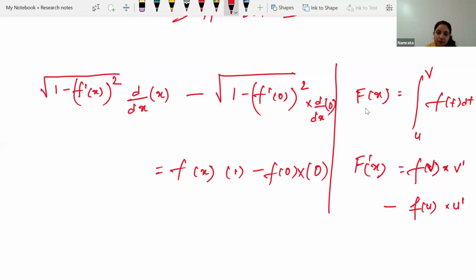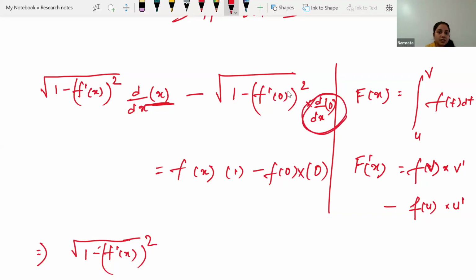So on the left hand side we are getting square root of 1 minus f dash x, that's squared. The derivative of x is 1, and the derivative of 0 is 0, which makes the other part completely 0. On the right hand side we will have f of x only.